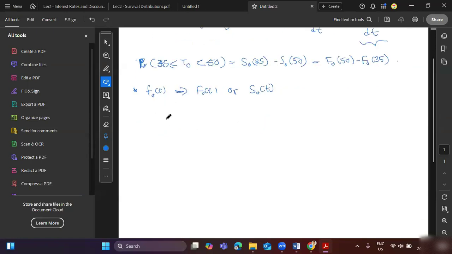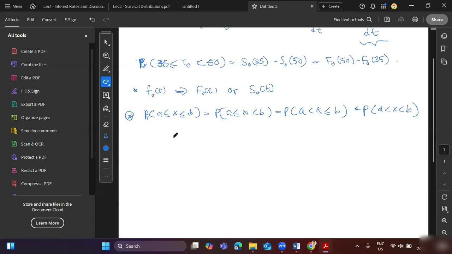And if I recall some of these qualities of the probability calculations, we know that for a continuous distribution, all these four probabilities are the same.